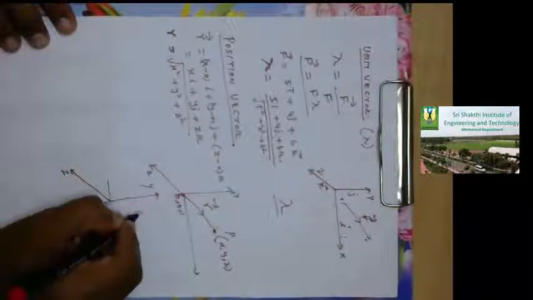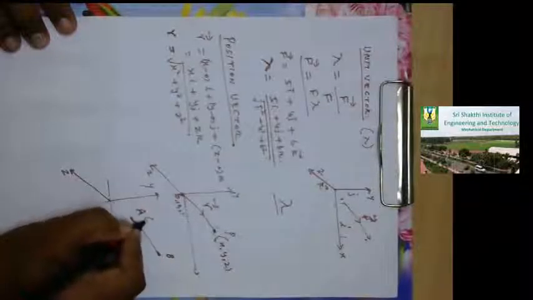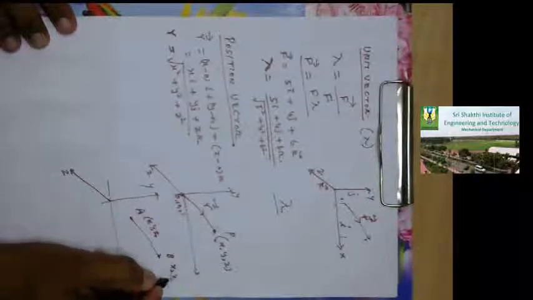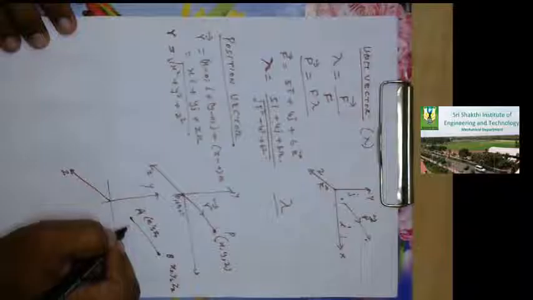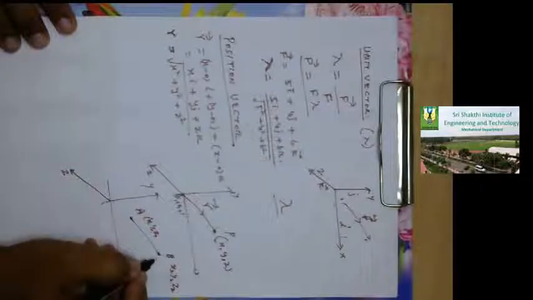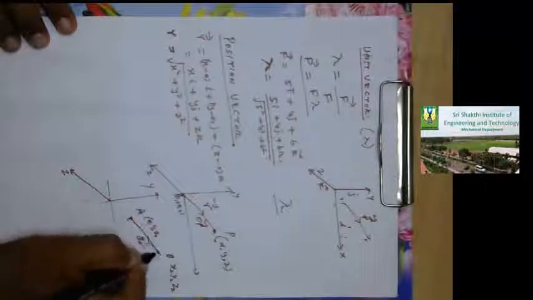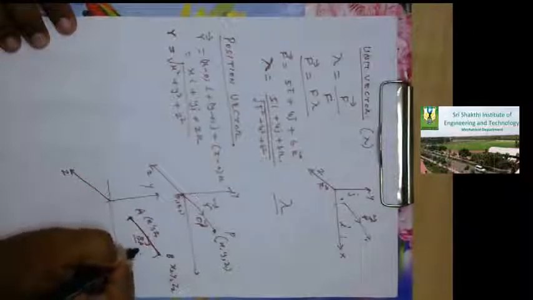I have a point A and another point B. This point has coordinate values x1, y1 and z1, and the other has x2, y2 and z2. If I want to find the position vector of point A with respect to the point B, this is represented by the BA vector. This one is the OP vector with respect to the origin. Now I want to find the vector along this line, that is my BA vector.